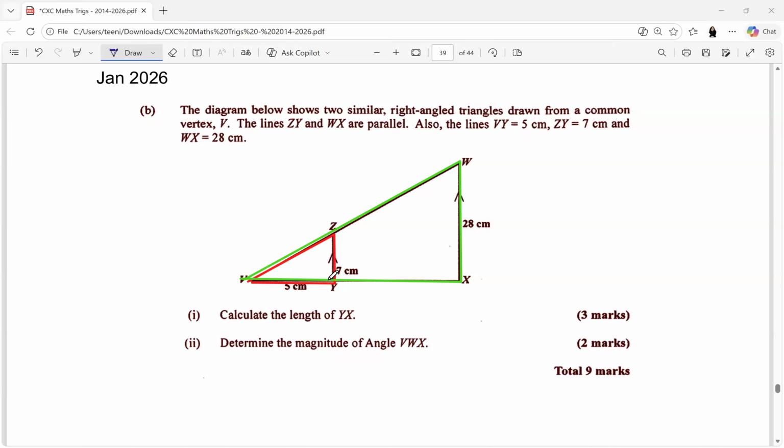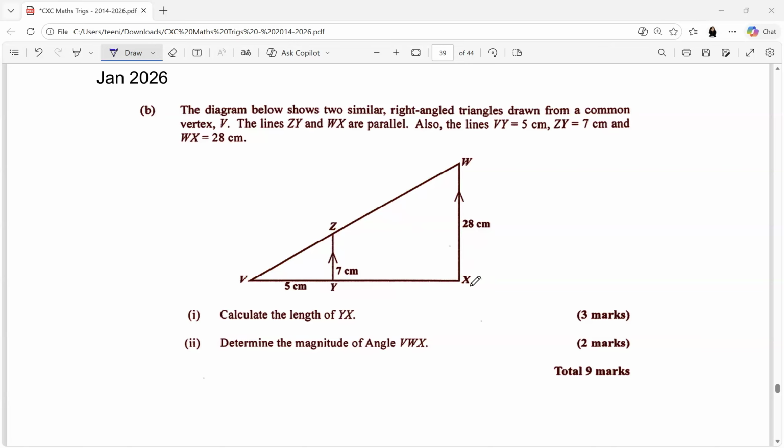So for instance, ZY is 7 centimeters and WX is 28 centimeters. Basically, if you multiply 7 by 4, you'll get 28. It means that if you multiply any of the sides in triangle VZY by 4, you'll get the dimensions of VWX.